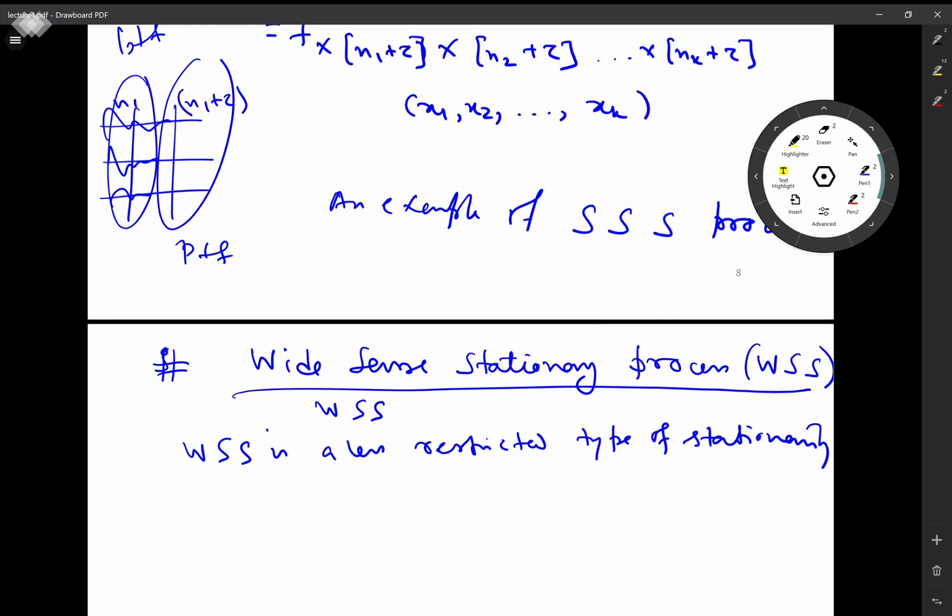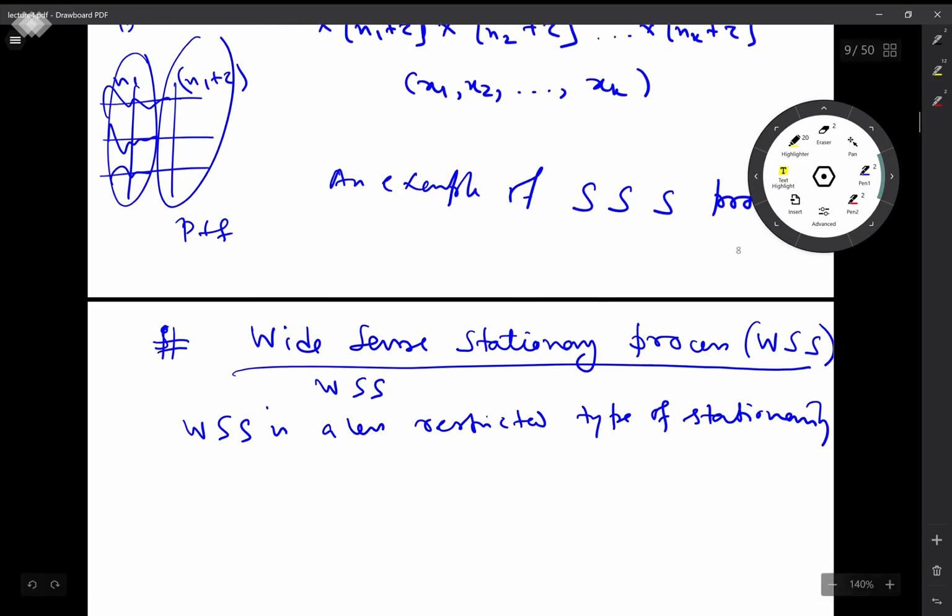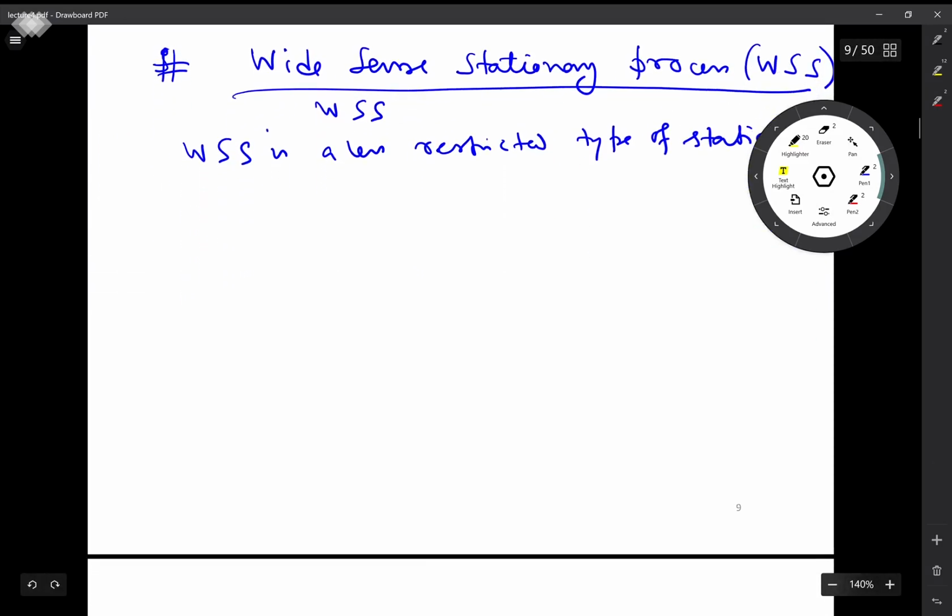And what is that? Suppose the mean value is independent of time and the autocorrelation depends only on the time difference, then the process is called a wide sense stationary process. We have to draw a figure, otherwise we cannot explain it. Let's say we draw a few single realizations.